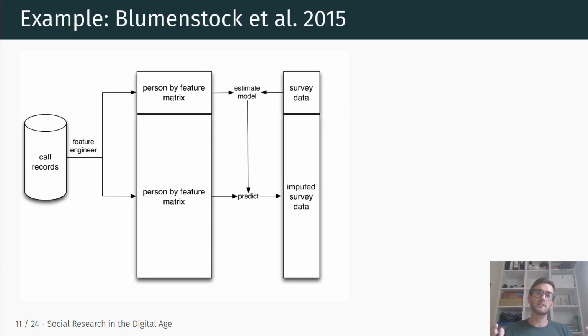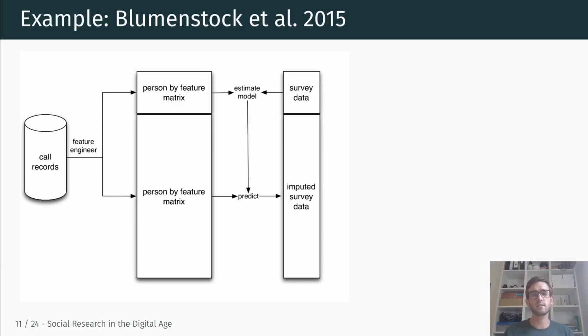But the fascinating thing is that they don't stop there, right? Ultimately, they want information for a lot more people, but of course the challenge is they can't run a survey with the whole population in Rwanda or a larger sample, or even if you think about updating this the next year and things like that.